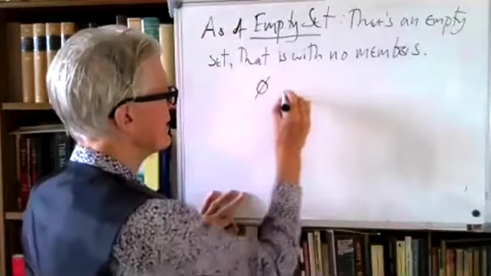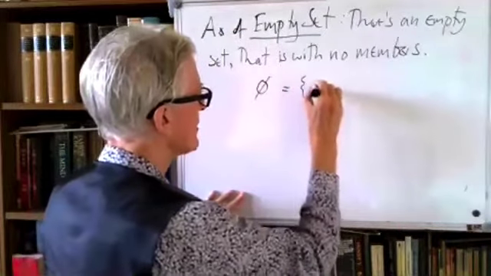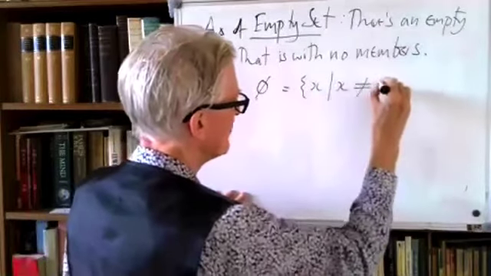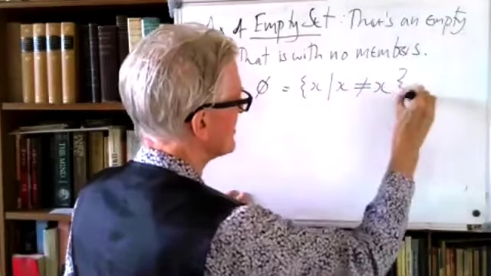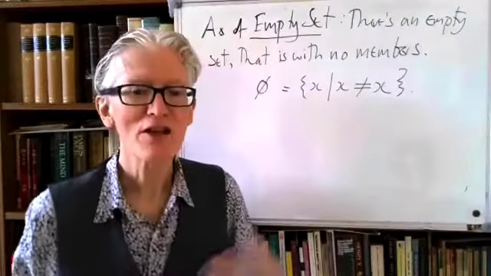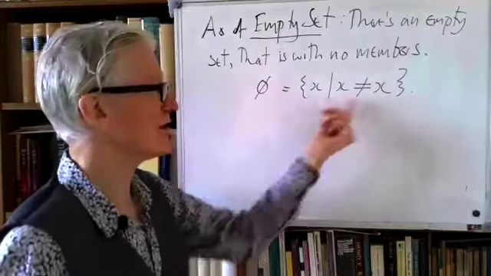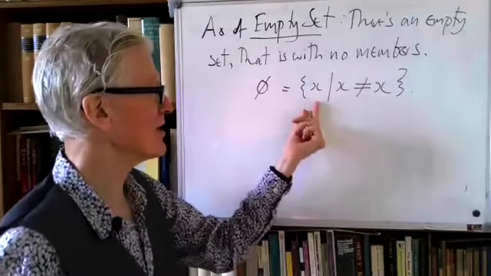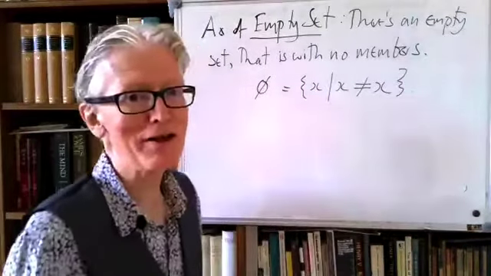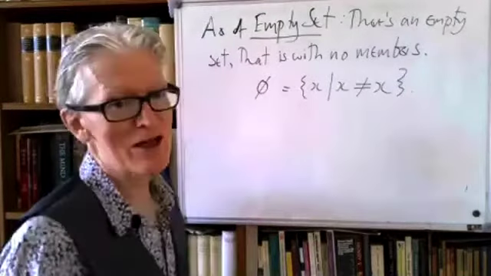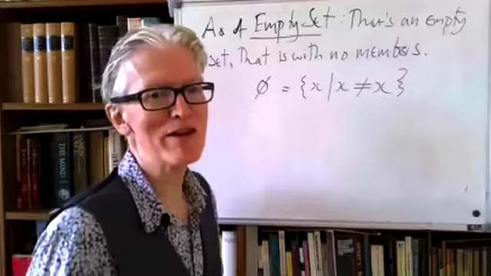And we gave it this name. I can think of it as the class of all of those x's that don't equal themselves. So of course, everything equals itself, so nothing fulfills this condition. So this is an empty class right here. And the axiom asserts that this is then a set in our universe of mathematical objects.